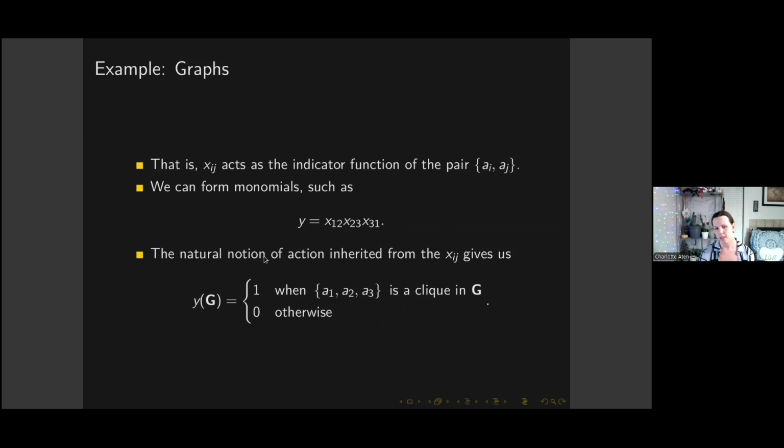I could apply this to some particular graph G by having each of the xij act on G as that indicator function, and then multiplying the result. If there's an edge between each of the three corresponding vertices A1, A2, and A3, then the product would be 1. We get a 1 when we have a clique with those three vertices in the graph G, and otherwise we get a 0.